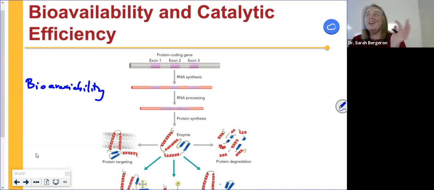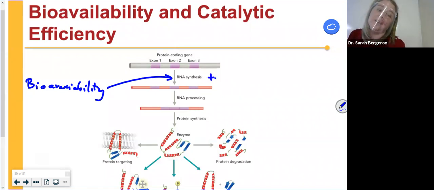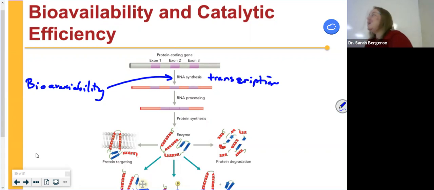Well, when you say RNA, there are a lot of things that have to happen, right? You have to first make the RNA. So RNA synthesis, what do we call that inside the cell? Transcription.